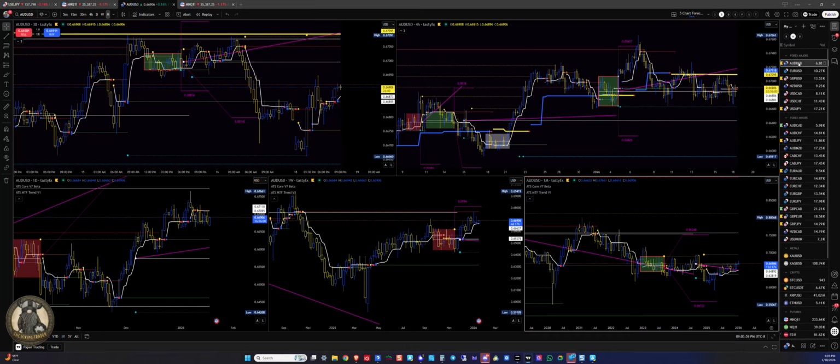So we'll start with this one, Australian dollar. So monthly here. So we are long on the monthly. Now I like that we have a target here on the monthly, this liquidity line, and we have been dancing with this expansion line here on the monthly. So what I want to see before I would look to enter long, I want to see us get above this expansion line.